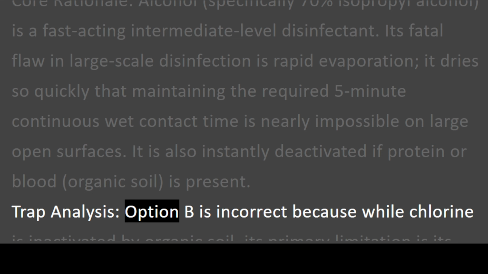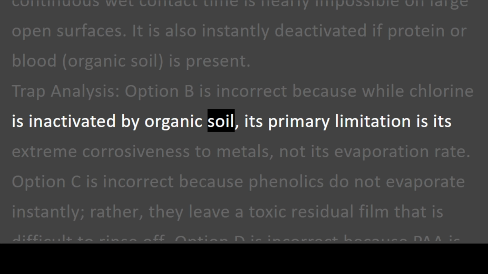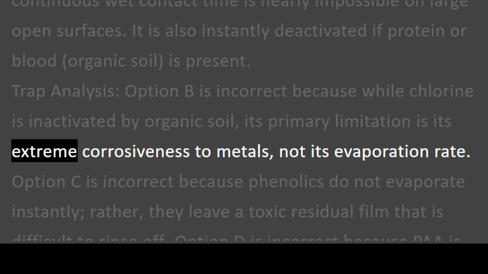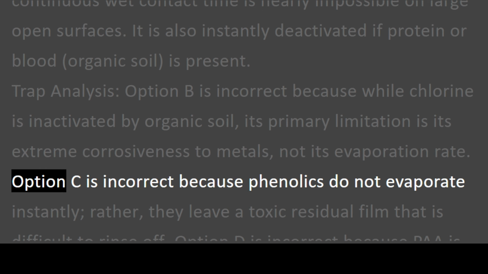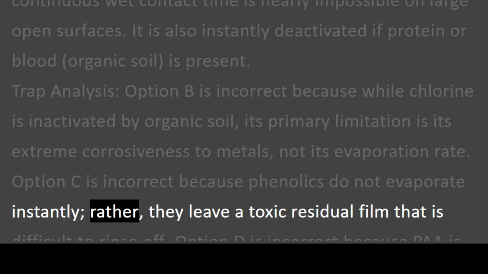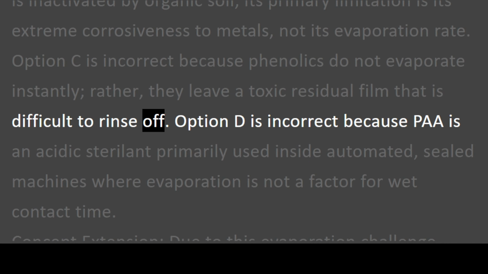Trap analysis. Option B is incorrect because while chlorine is inactivated by organic soil, its primary limitation is its extreme corrosiveness to metals, not its evaporation rate. Option C is incorrect because phenolics do not evaporate instantly, rather, they leave a toxic residual film that is difficult to rinse off.